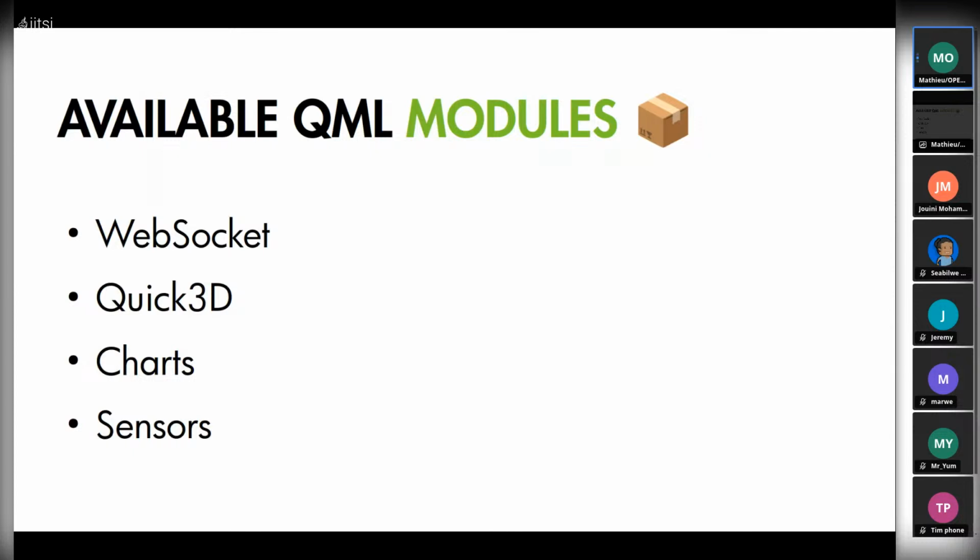We have the whole Quick 3D environment, so people can do really cool 3D overlays on top of the map canvas, for example a 3D compass or all sorts of other 3D visualization through the plugin. We have charts, so it's possible to do chart overlays.